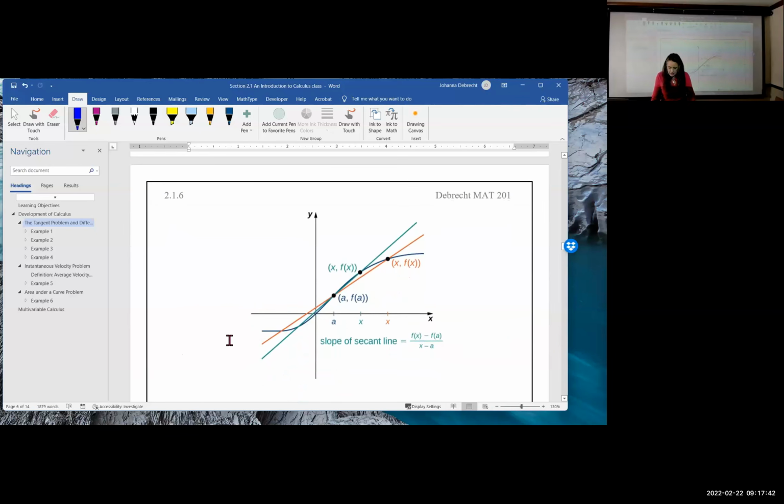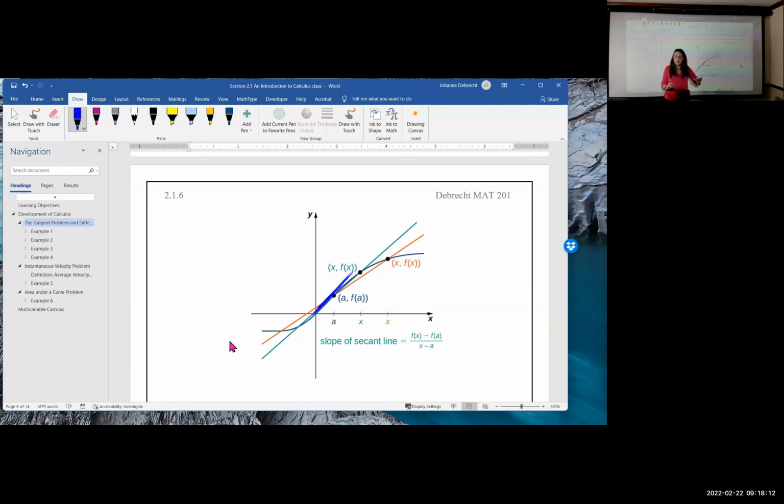And so you can see the tangent line coming through here as it gets closer and closer. The tangent line is going to barely skim the curve right there at A, right? And the slope of the tangent line becomes the best approximation for the rate of change at precisely A, all right?